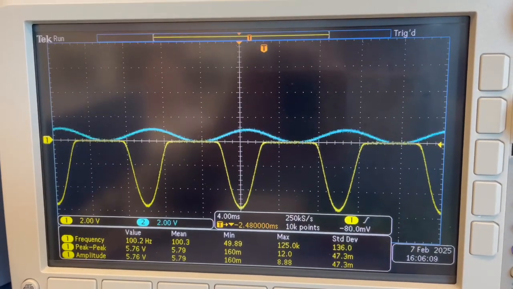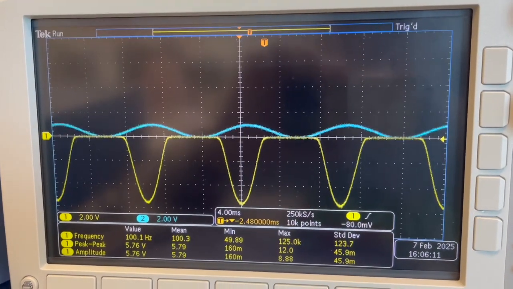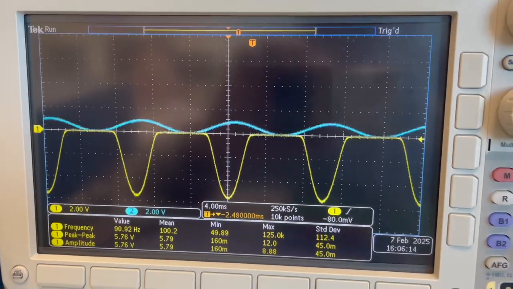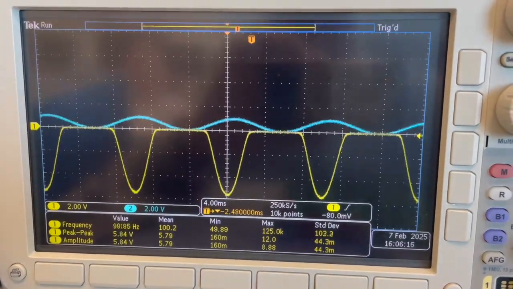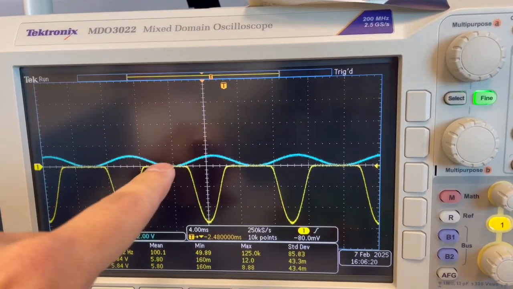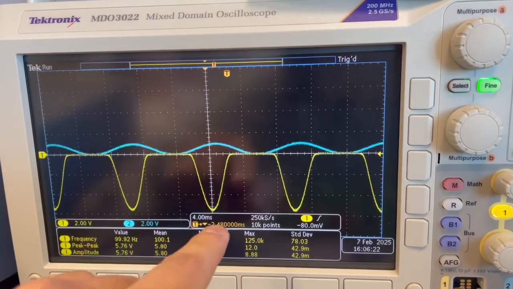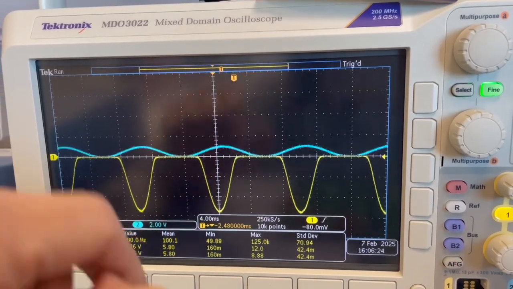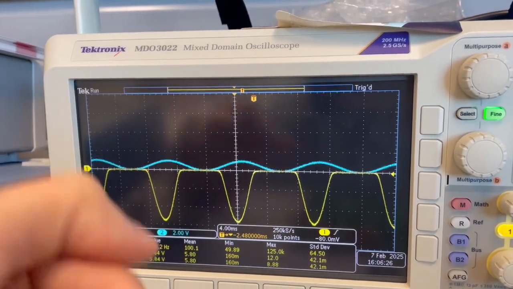So anti-log amplifier is gonna actually exponentially increase the small signals. As you can see, previously we had this small signal, and it's exponentially increased. So this is how the anti-log amplifier is working.